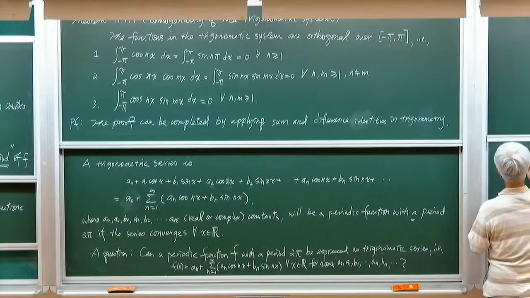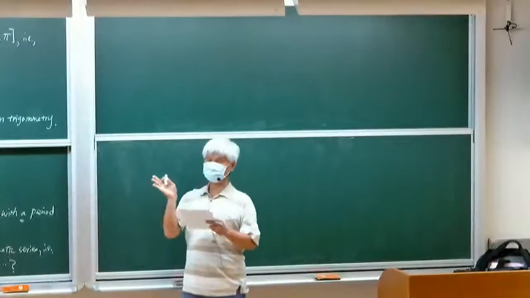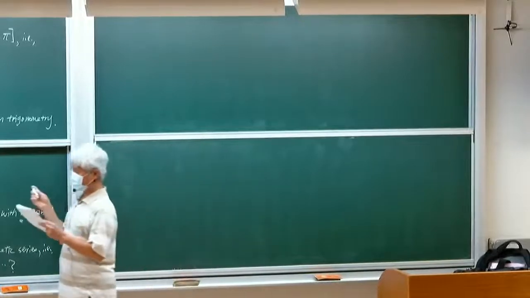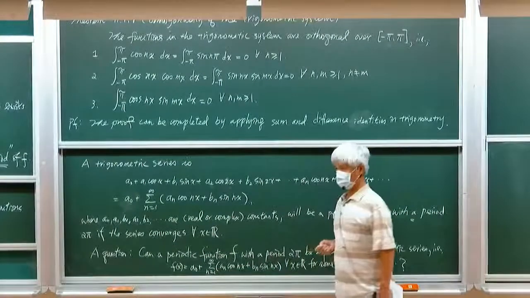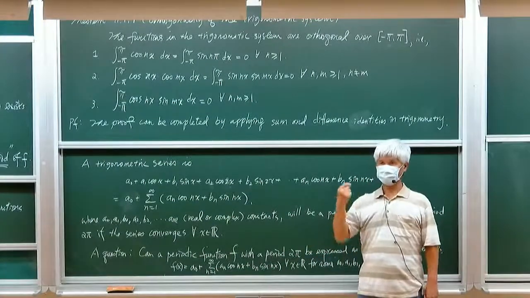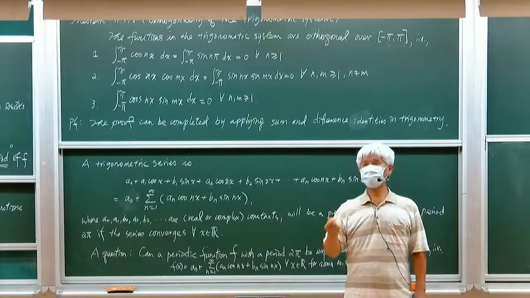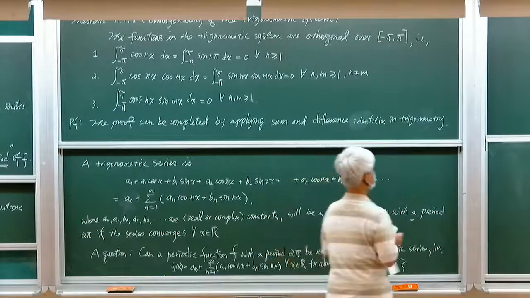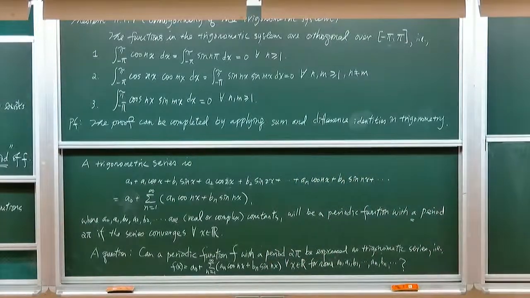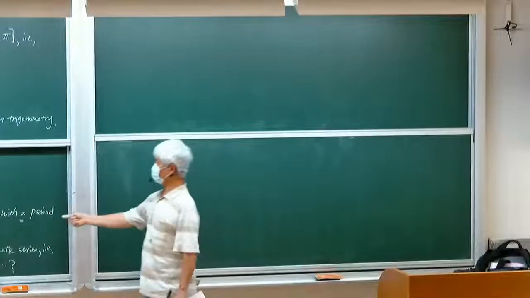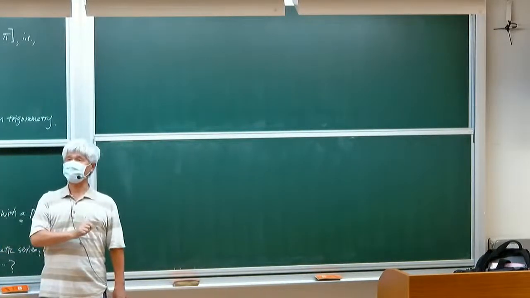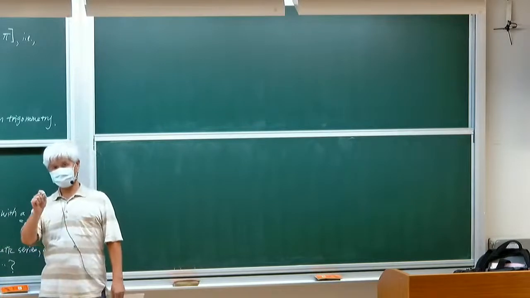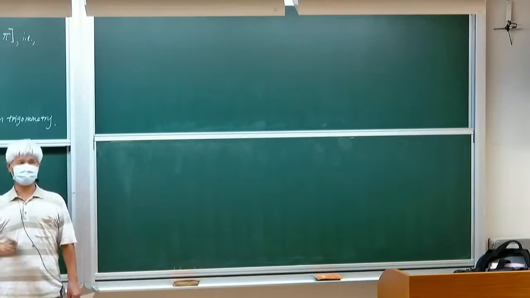All right. So to answer these questions, we have to derive some necessary conditions if the answer is positive. In logic, if the answer to this question is positive, then we try to find some necessary conditions.